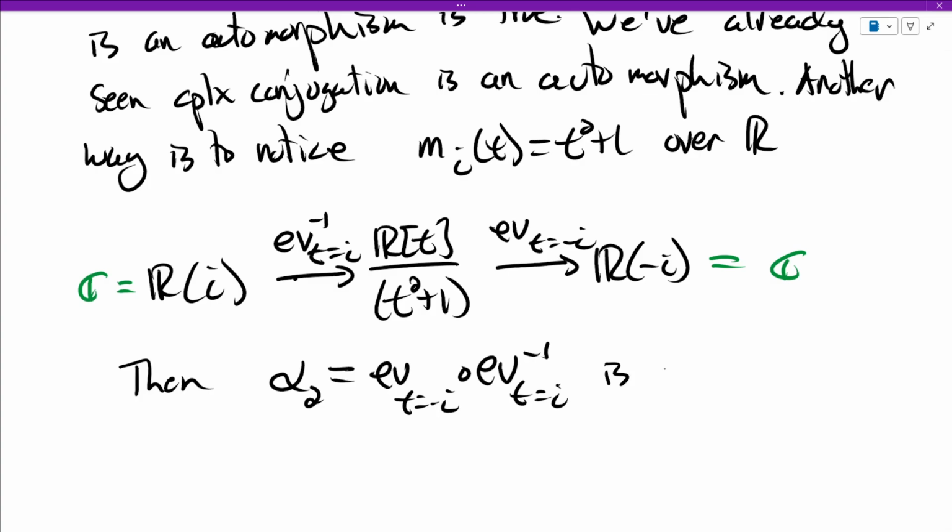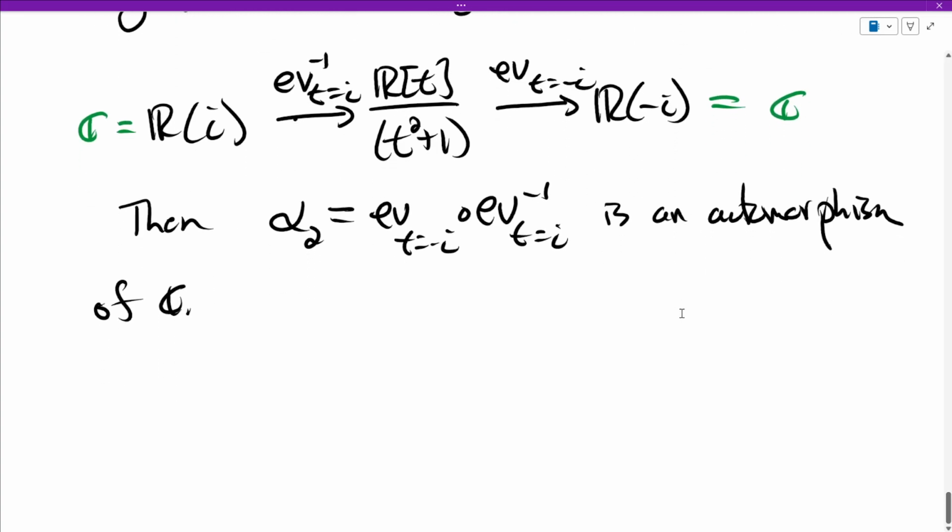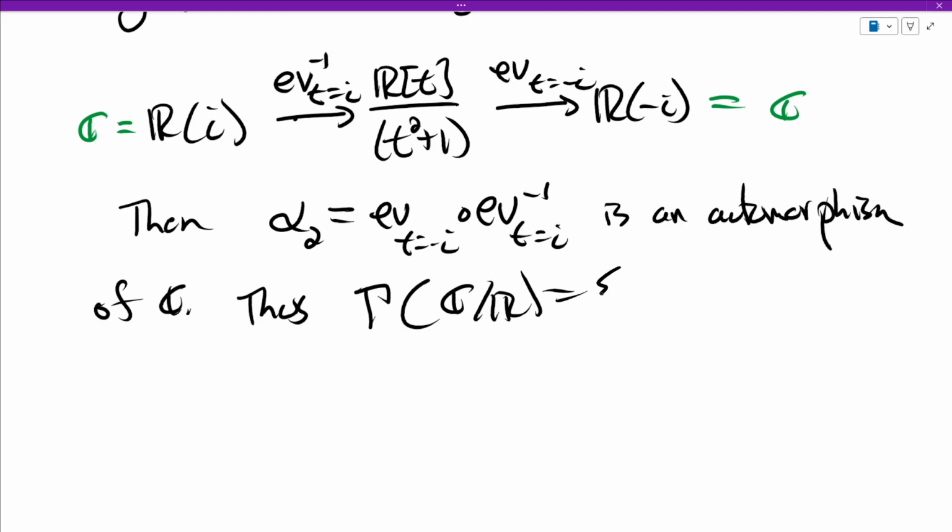So this is an automorphism of C. And so in particular, alpha 2 is in fact an automorphism. It fixes R. And so what do we get? The Galois group of C over R is the identity and complex conjugation. Or if you want to use the alphas, it's alpha 1, alpha 2.